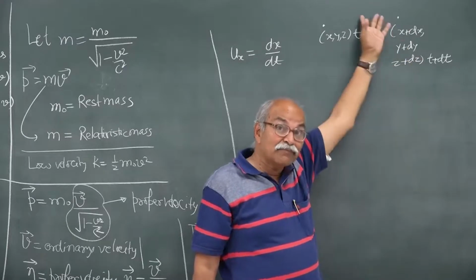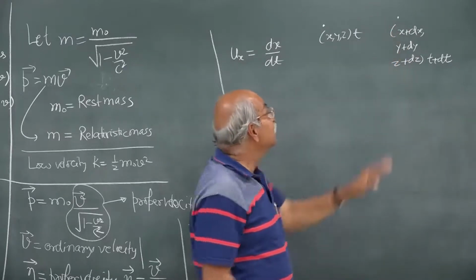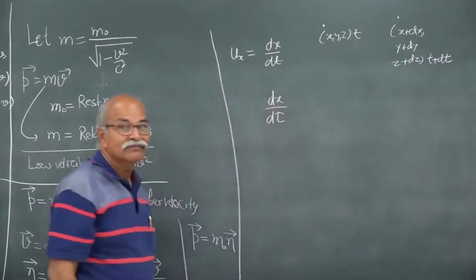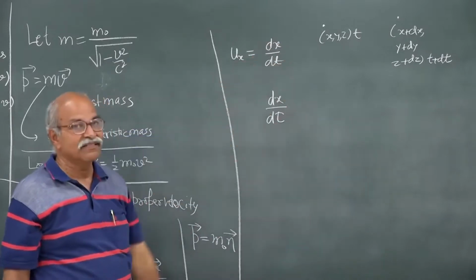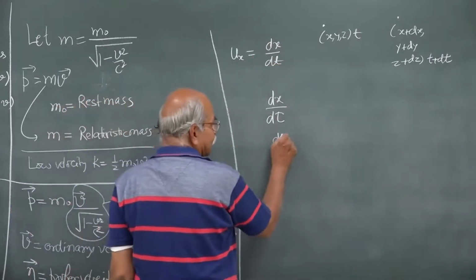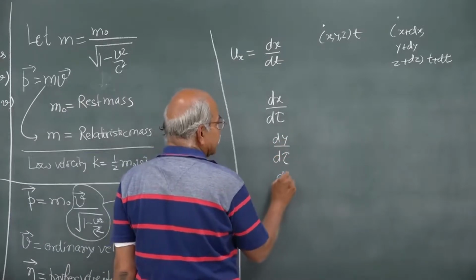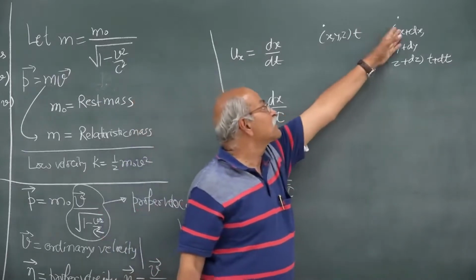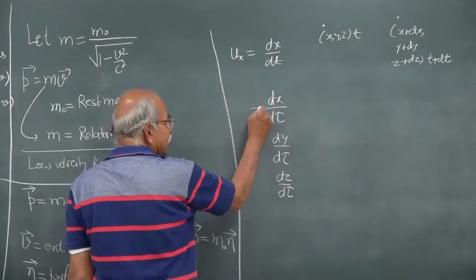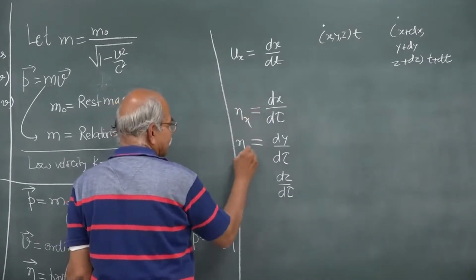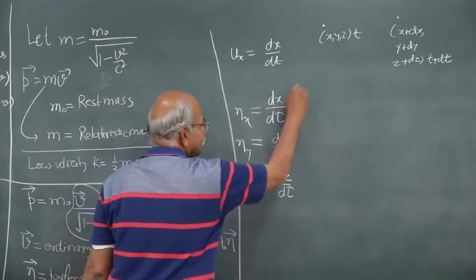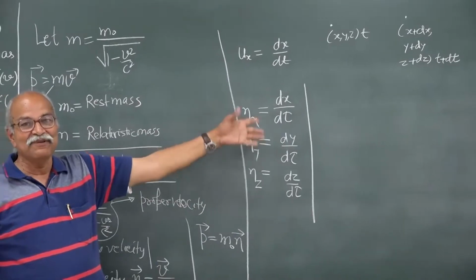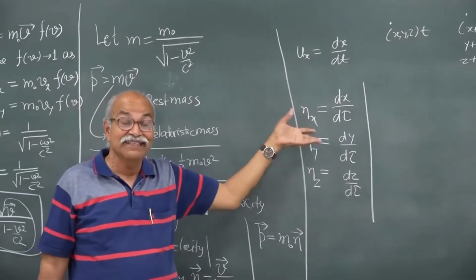If you take that proper time interval and construct dx over that proper time interval between these two events, and similarly dy by d tau, dz by d tau, where d tau is the proper time interval between these two events, these are actually the components of that eta. We will talk more about this eta, and we will show that yes, this is a useful quantity in relativity.